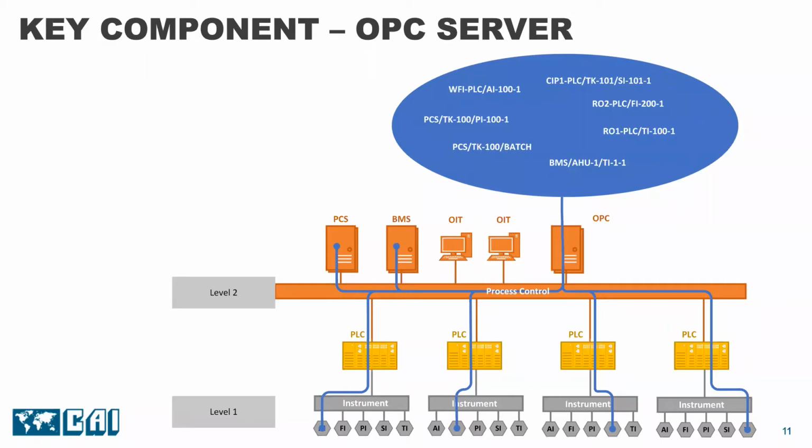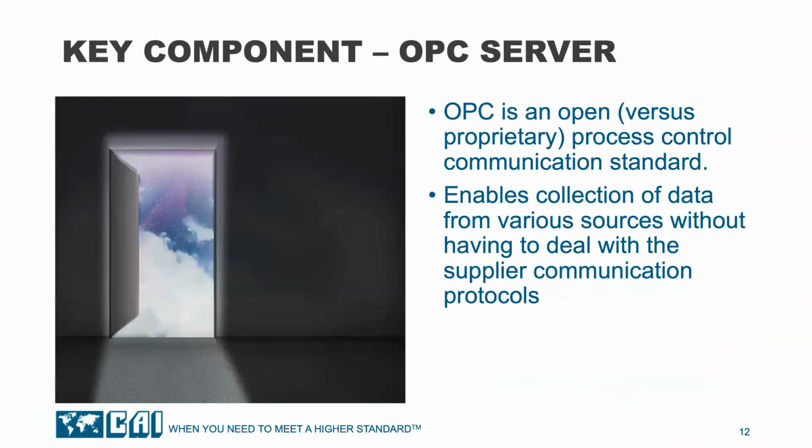An OPC server can make processed data easily accessible from a number of sources such as the process control system, a distributed control system, a building management or building automation system, or directly from process controllers, PLCs themselves, on equipment skids.